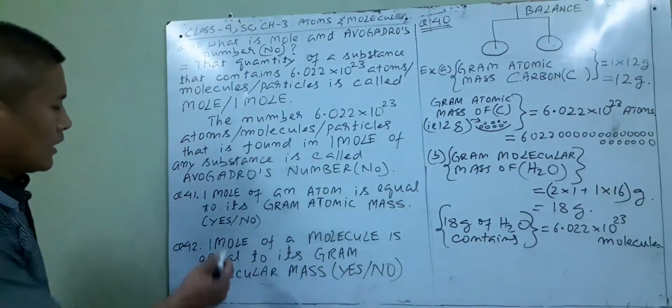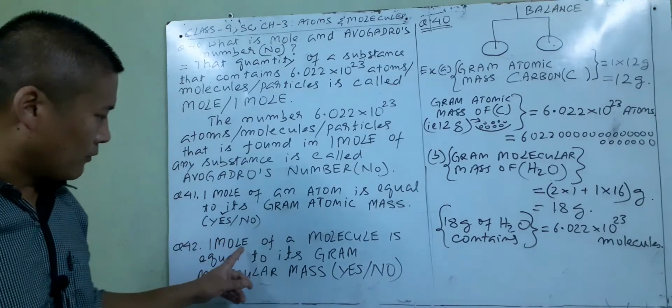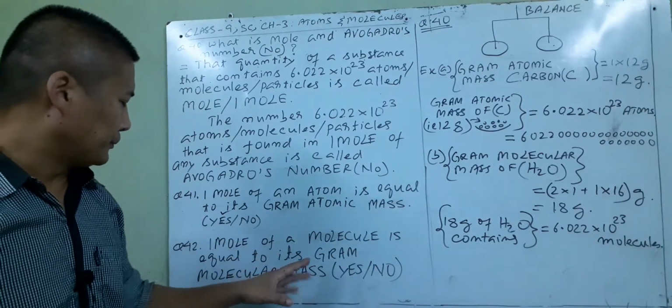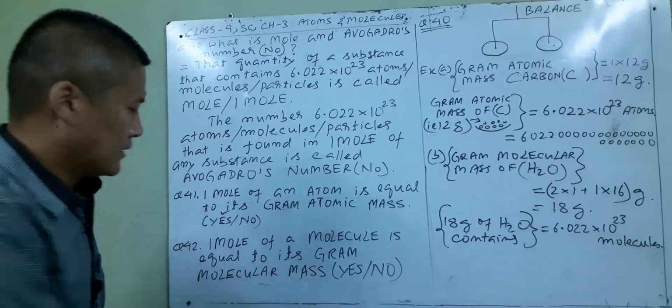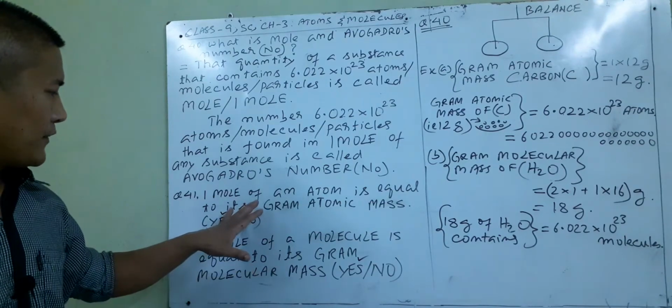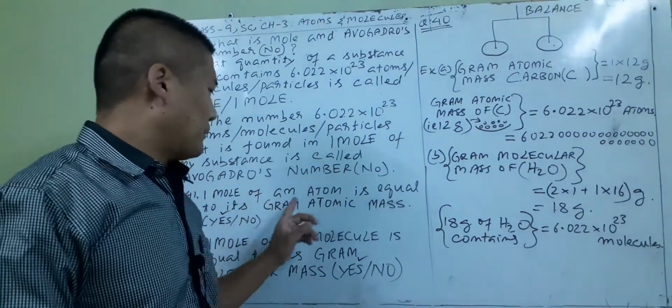Same concept: 1 mole of a molecule is equal to its gram molecular mass. If it's a molecule, 1 mole will be equal to the gram molecular mass. If it's an atom, 1 mole will be exactly equal to its gram atomic mass.